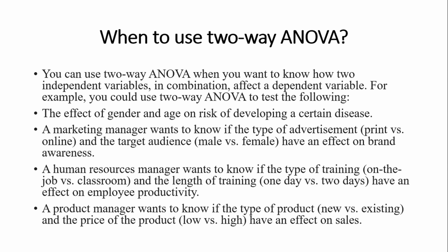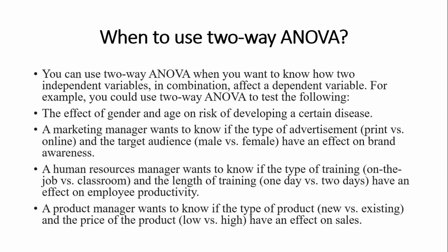Or a marketing manager wants to know if the type of advertisement, print versus online, and target audience, male versus female, have an effect on brand awareness. The type of advertisement is an independent categorical variable. We call it a factor, and print and online are the levels of this factor. Brand awareness is our dependent variable.